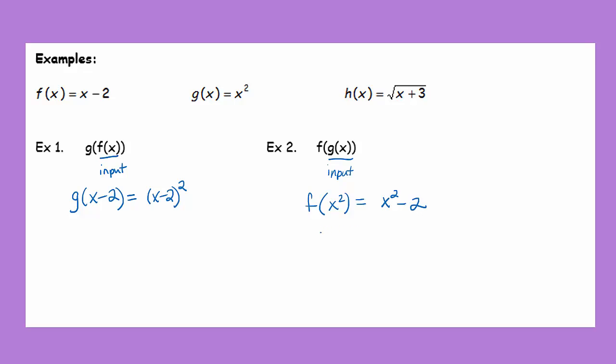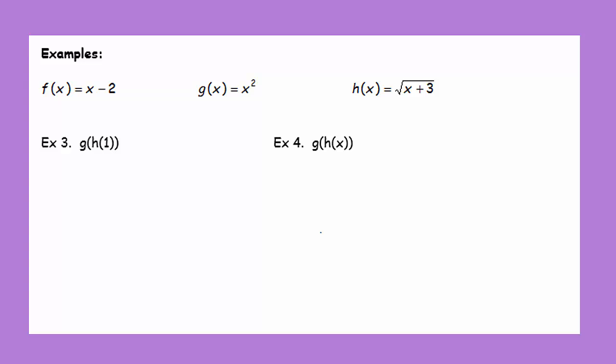Let's do some more examples. We're going to stick with those same 3 functions, f of x, g of x, and h of x, but this time we're going to work with h of x, and our input right here is h of 1. Notice we even have another number here that we're going to need to input first. I'm starting with the inside here. That's our input. So what is h of 1?